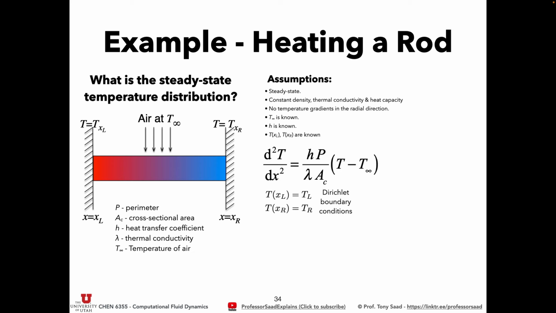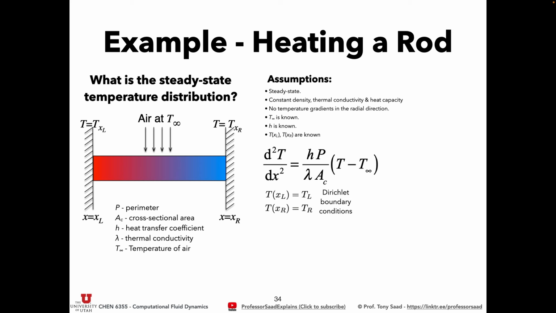The heat equation in this case, you studied this in heat transfer. This is an advection heat transfer problem. All you care about is that this is the governing equation for this problem. So this is indeed a Poisson equation in 1D. It's a second derivative with a source term. Now the source term has a bunch of parameters: h, which is the heat transfer coefficient, P, the perimeter, lambda, and the area, times T minus T infinity.